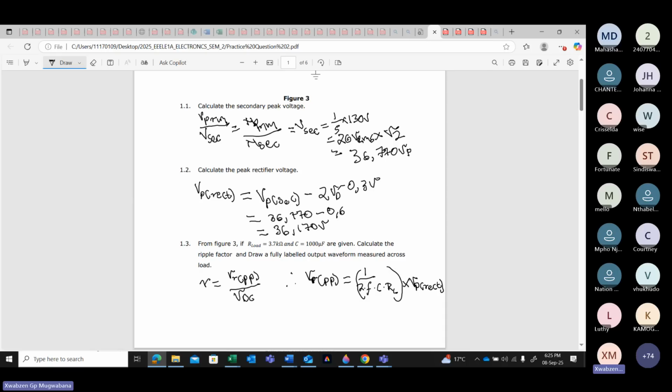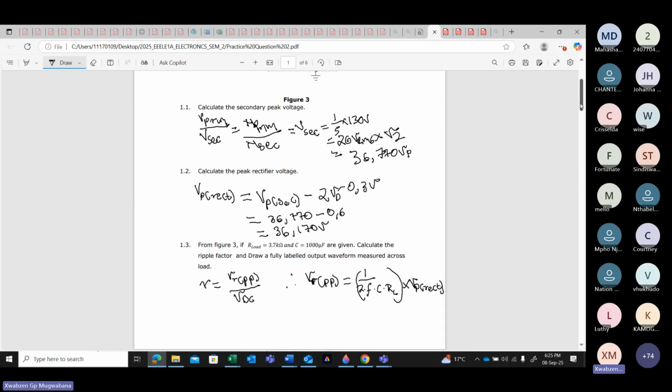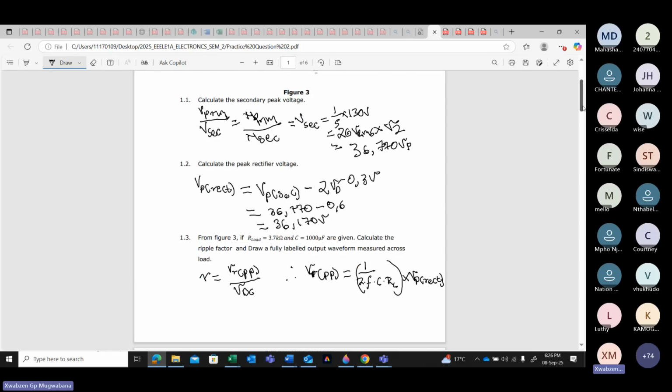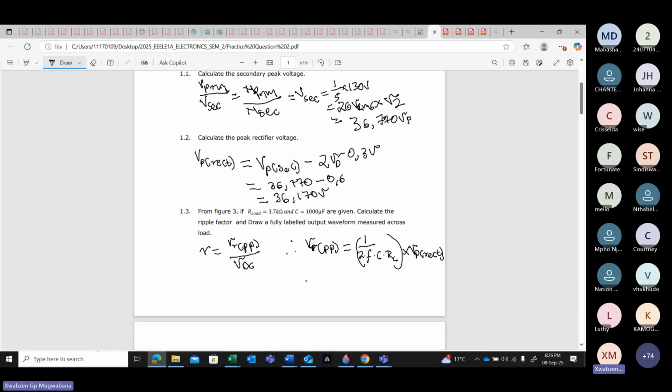It is the rectifier voltage here, which supplies the voltage to the capacitor and also to your load resistor. Therefore, now I will go and substitute.